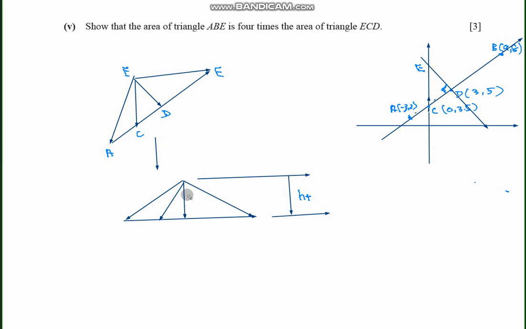Since the height is the same, if you take the ratio, the height will be cancelled off, and the half height times base will also cancel. What is left is this length over this total length. If I can prove that this smaller length is 1/4 of this longer length, then we have proved it.